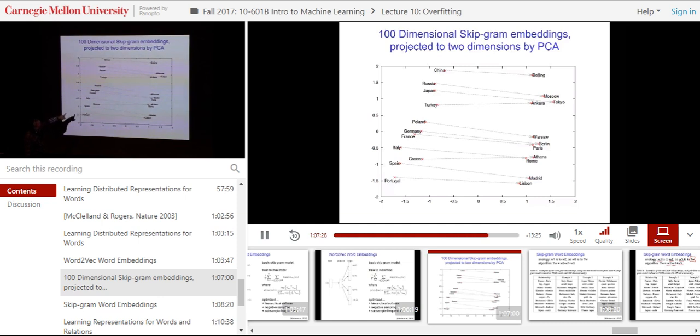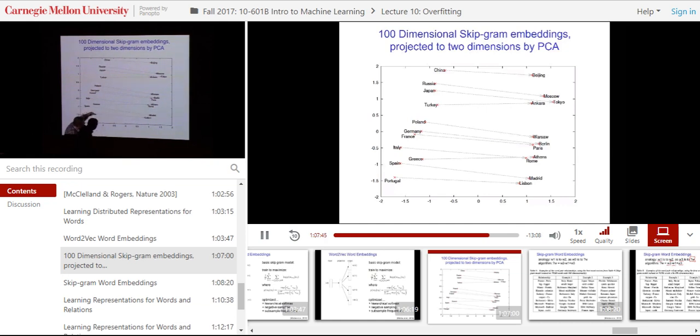But then what they found was that there's this kind of interesting relationship. If you take that 100-dimensional vector and squeeze it, plot them on a 2-dimensional space, then they find the relationship between Portugal and Lisbon is kind of in the same direction in the vector space as the relationship between France and Paris and Poland and Warsaw.